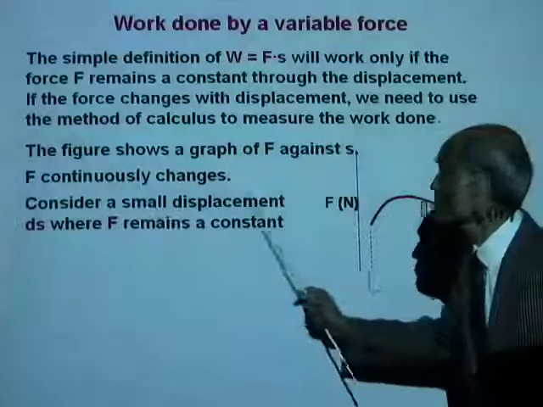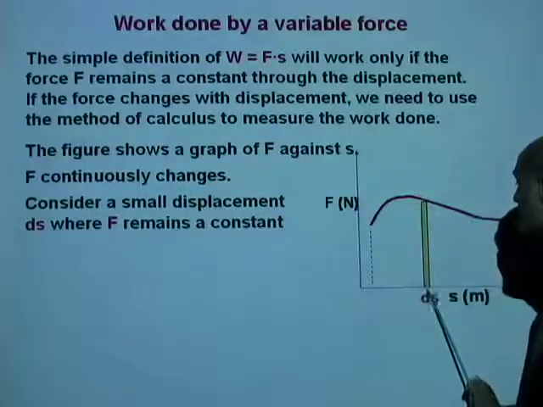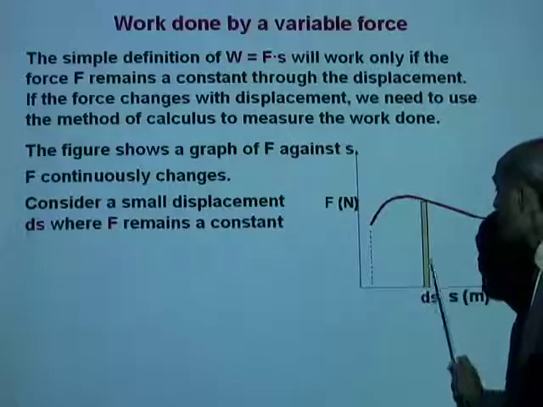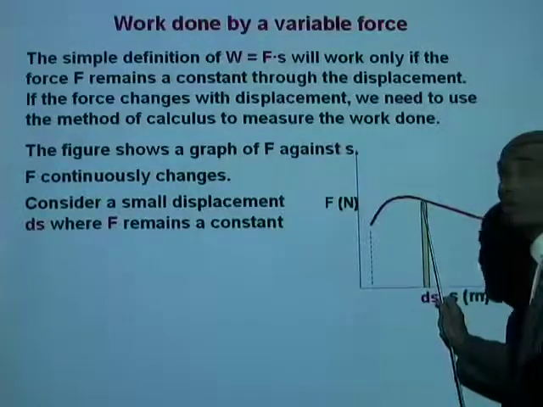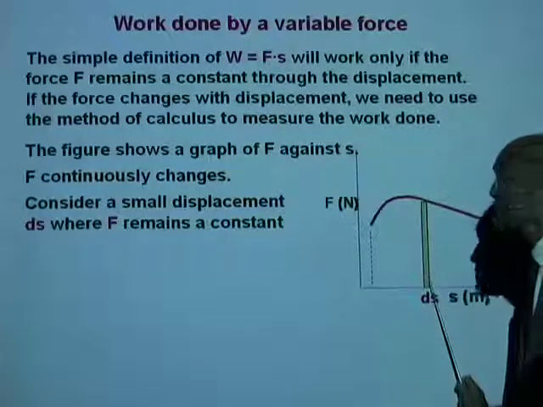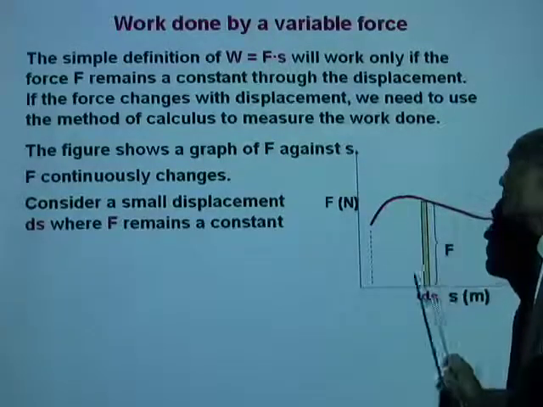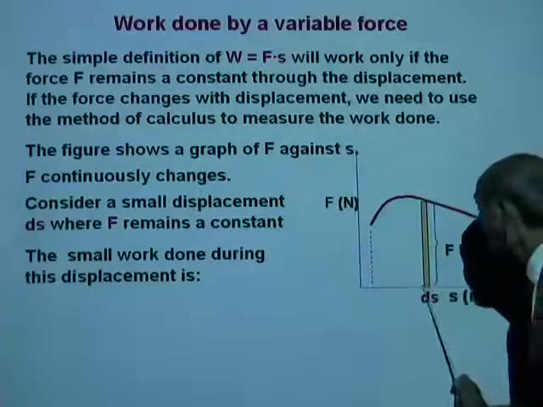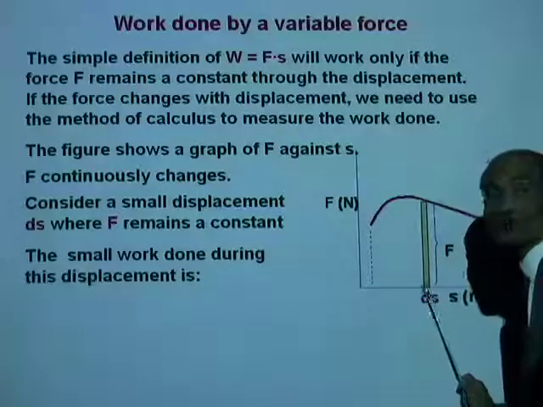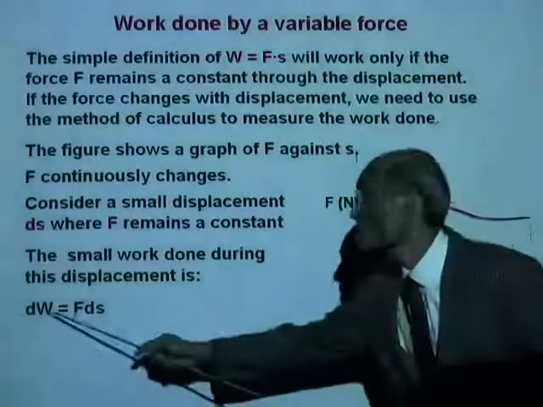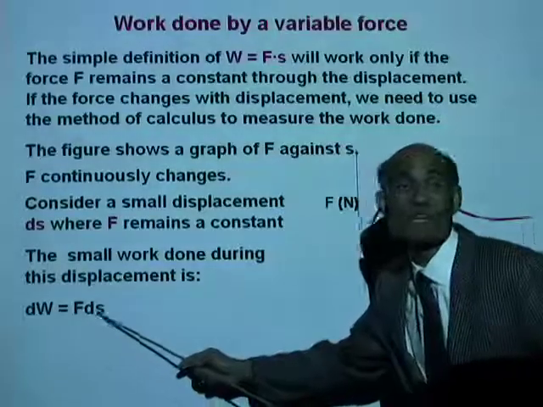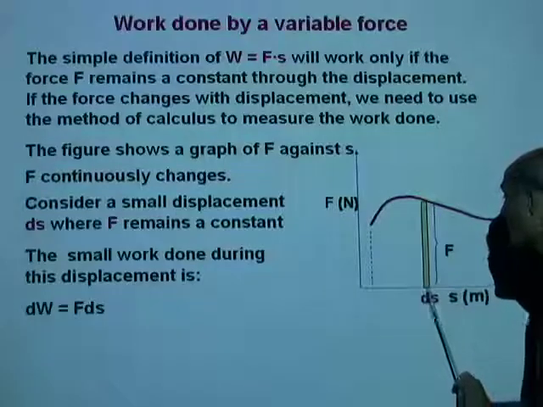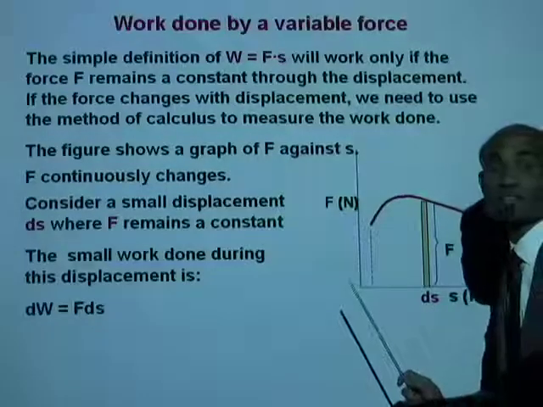Now, consider a small displacement ds here, and when the displacement is very small, we can imagine that during that displacement the force F will remain a constant. And therefore, the work done for this very small displacement can be written as dW equal to force, this force, multiplied by that small displacement.